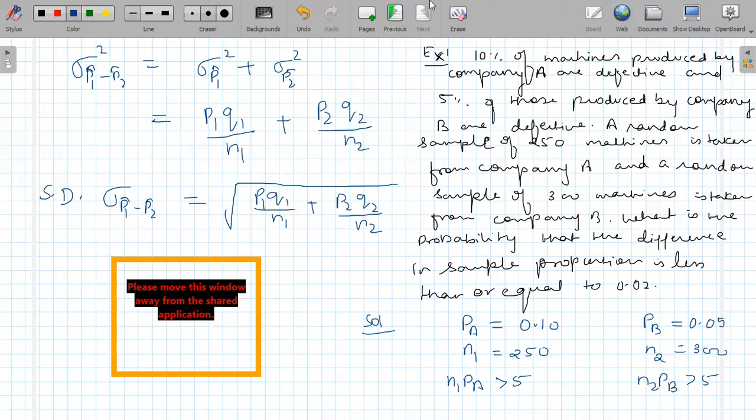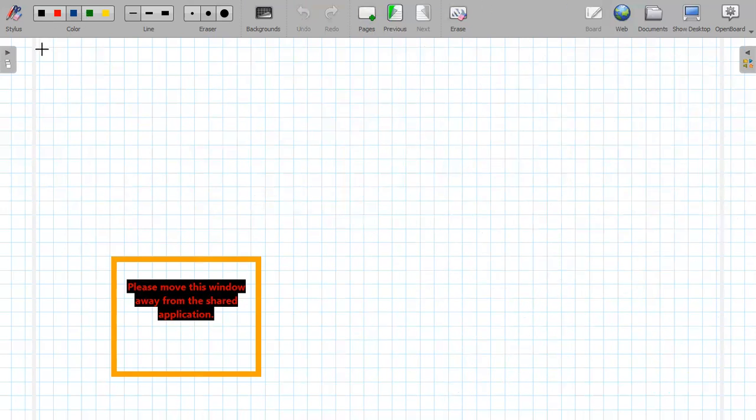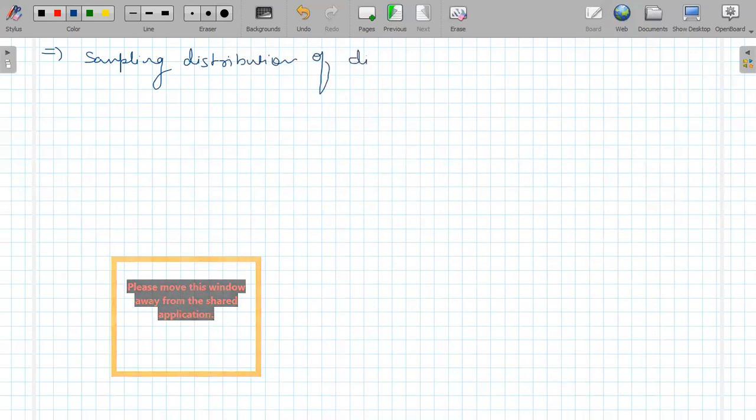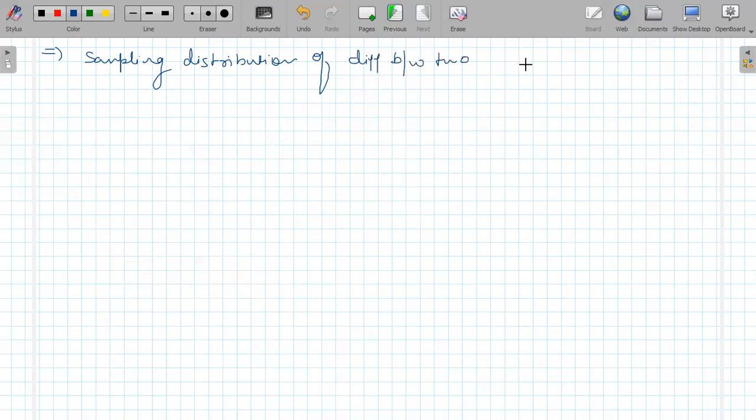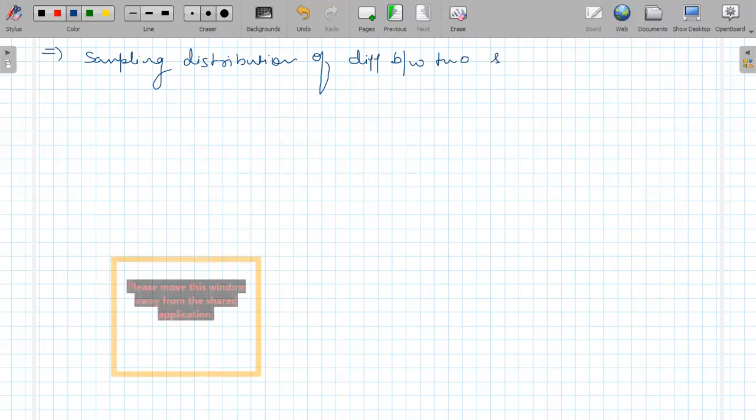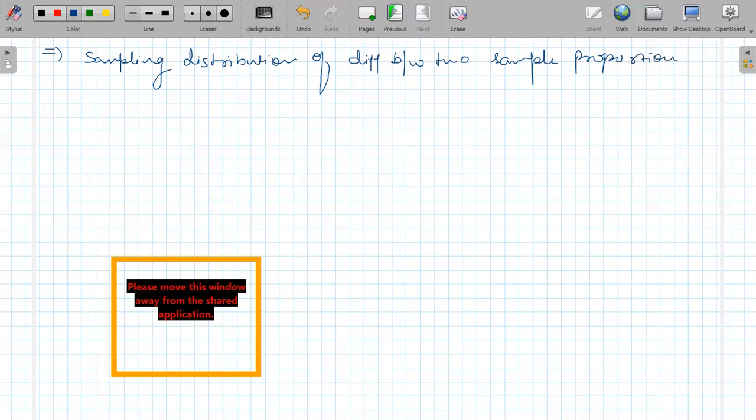So we can say sampling distribution of difference between two sample proportions is normal in shape.